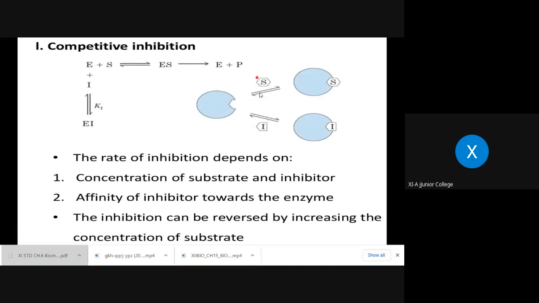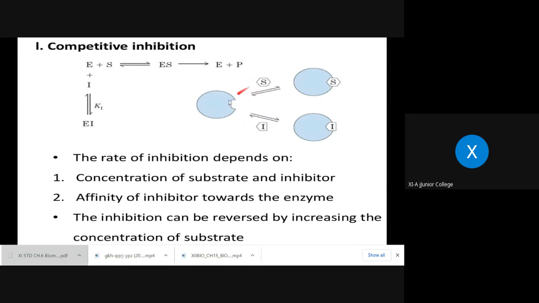So in this way, their shapes are competing with each other. Substrate and inhibitor both are in competition to fit in the active site of the enzyme. So these are called competitive inhibitions, where the shape of the inhibitor and the substrate is similar.